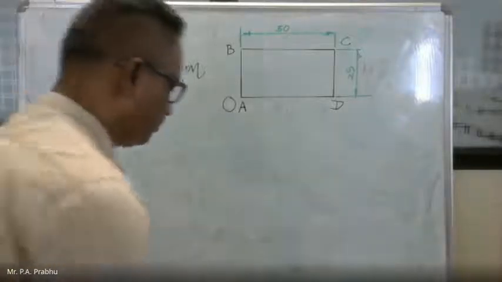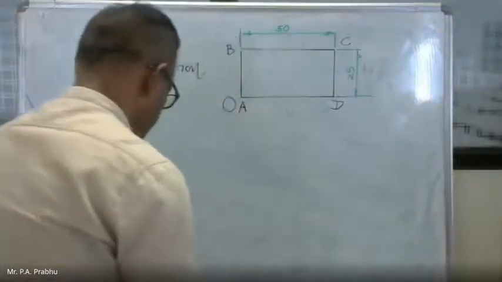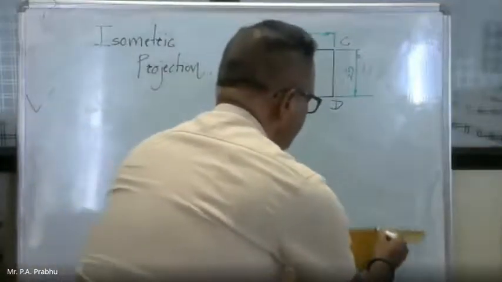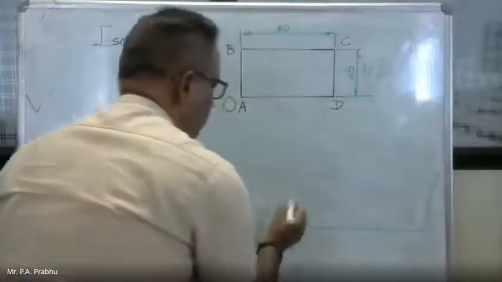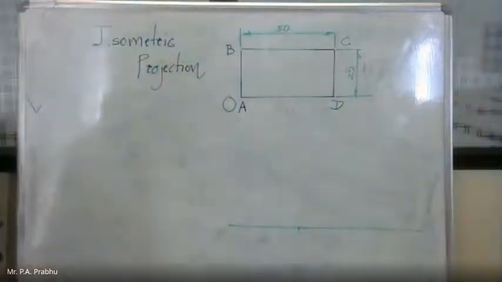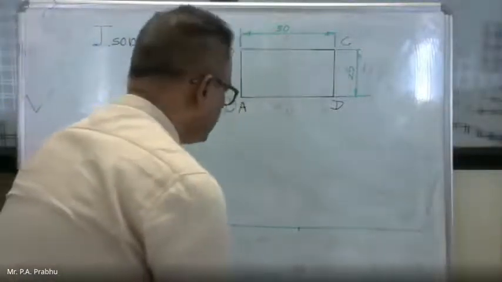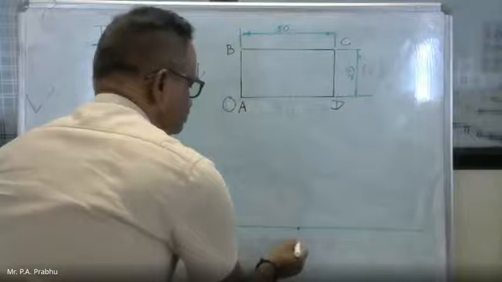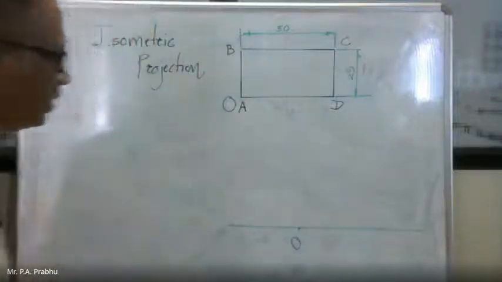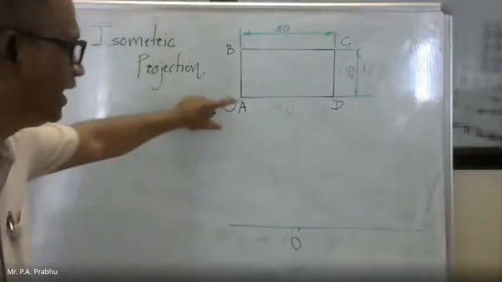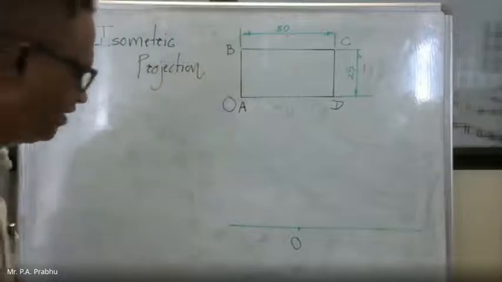So how to draw? First, draw the reference line. First, draw the horizontal line. Then mark this point as O. Then AB dimension is 25.